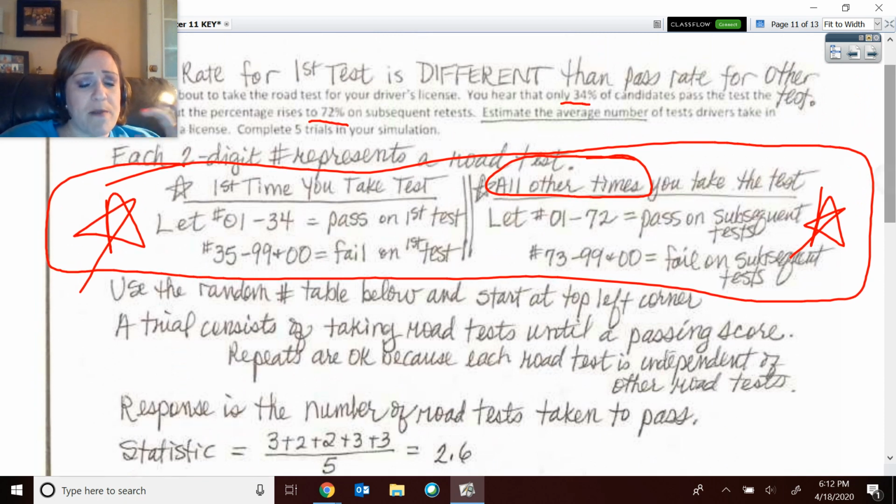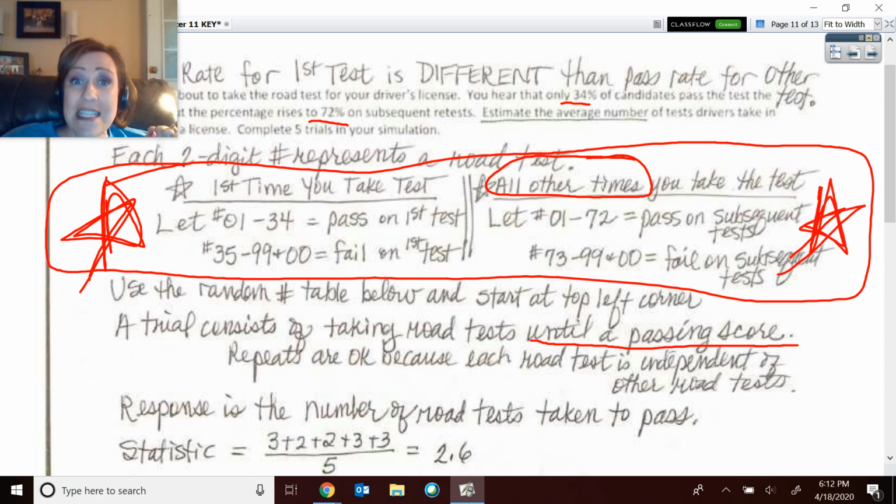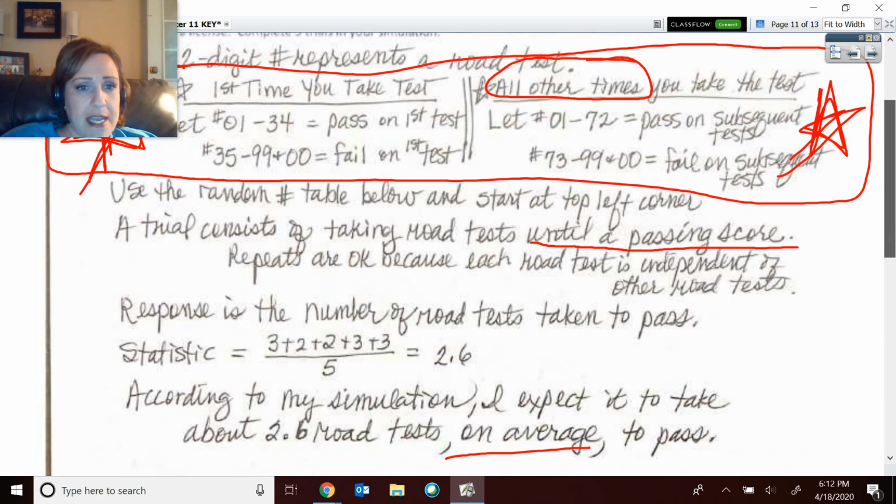Now, FYI, let's just make sure we got our trial consists of taking the road test until a passing score. The repeats are okay, because the road tests are independent of each other. Now, we are making sure that we are paying attention to these varying pass rates based on if it was the first test or the subsequent test.